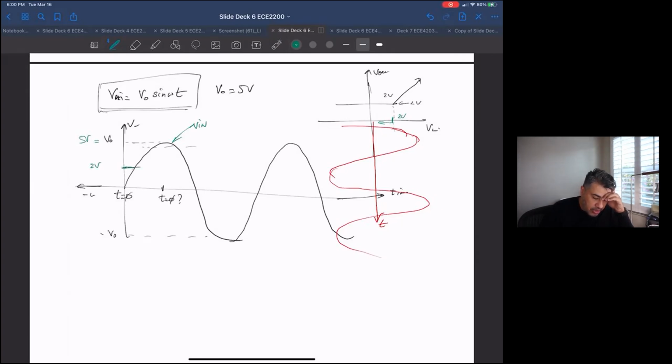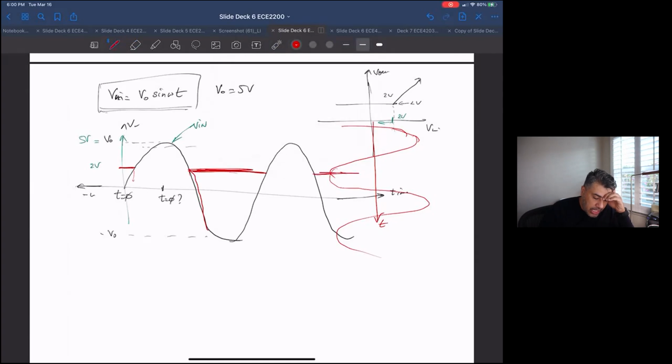So if I was going to draw it, let me draw it with red. This is 2 volts. Vn here is less than 2 volts, so V out is just going to be red. All along here, Vn is less than 2 volts, so V out is just stuck at 2 volts.